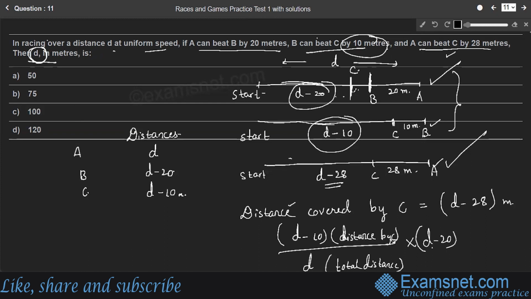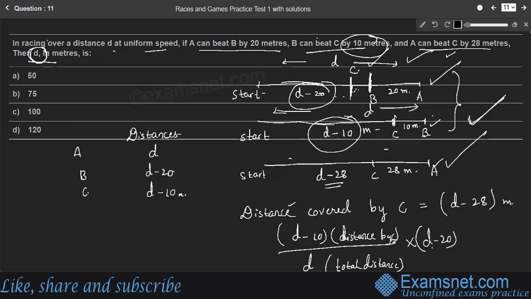If D is the destination, C can cover D minus 10 meters of distance. So in the second case, D is the total distance, and C can cover D minus 10 meters. If D minus 20 is the destination, in that case, A covers the complete D distance, so that C can cover D minus 20 of distance.